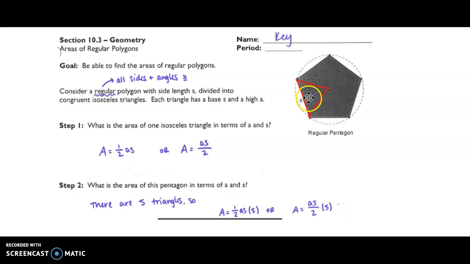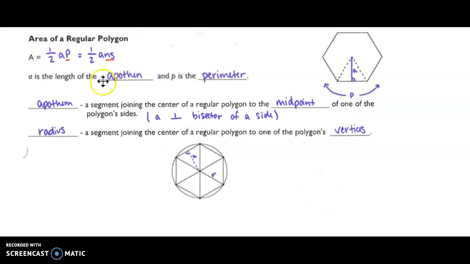So if the area of a triangle is 1/2 base times height, or 1/2 A times S times, in this case, 5 of those, then that's how we figure this out. If it was a hexagon, then it would be times 6, because there would be 6 triangles, and so on. That is what our formula is.